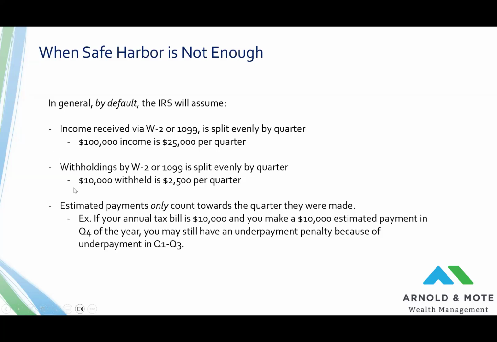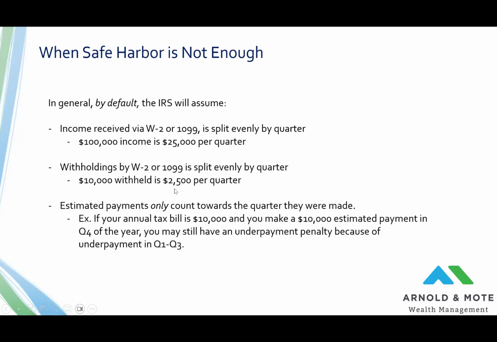It also assumes that tax withholdings done through payroll or through IRA withdrawals is also evenly done by quarter. So the IRS is going to see a tax withholding amount on that 1099-R. If they see $10,000 withheld from your IRA, they're just going to automatically calculate that as $2,500 per quarter, even if you only took $10,000 out on the very last day of the year.